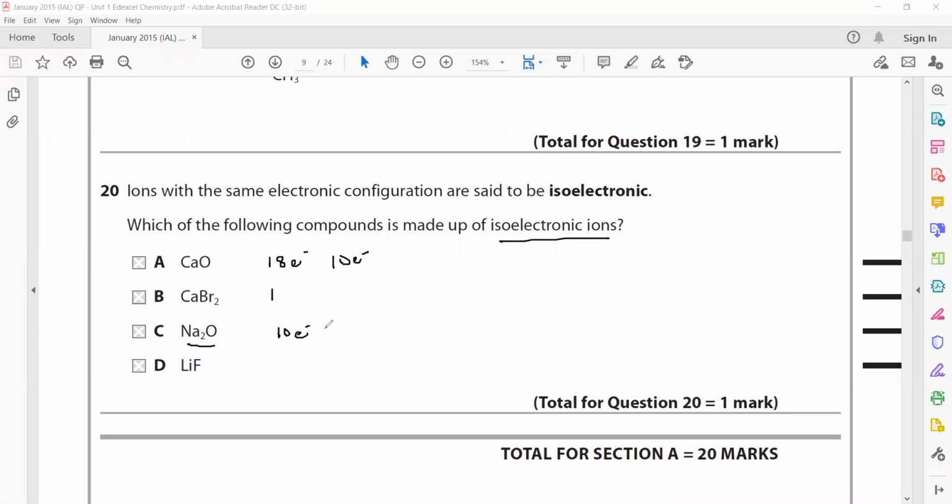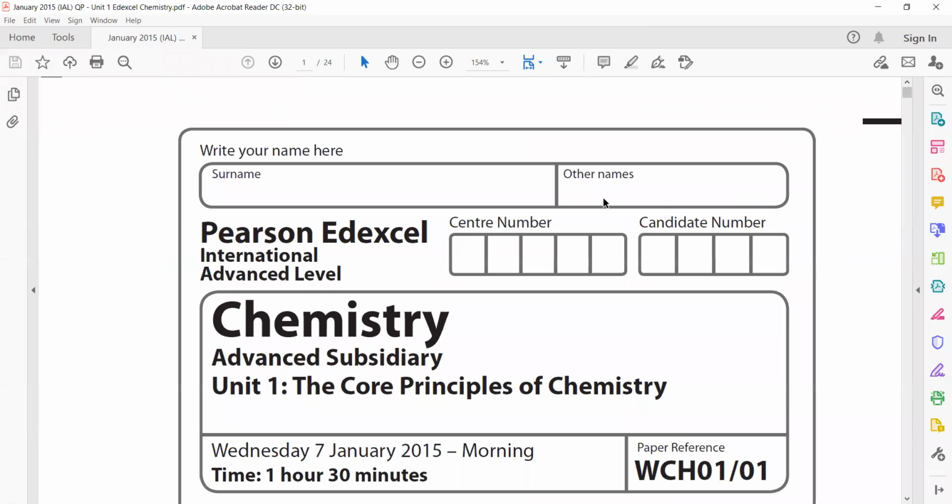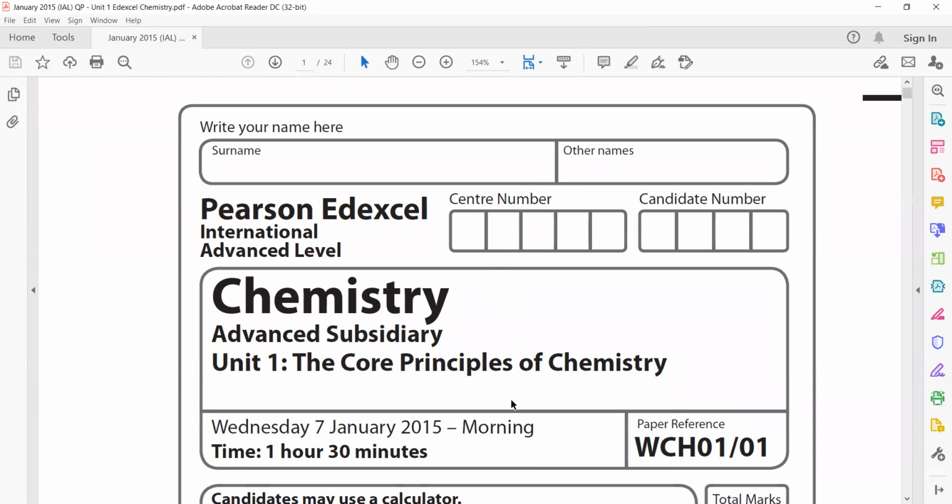And each oxygen having 8 electrons took 2 electrons from sodium, so it will be 10 as well. So sodium oxide will be isoelectronic. Iso means same, and electronic here refers to electrons. So this was Unit 1 of IAL Chemistry from January 2015.